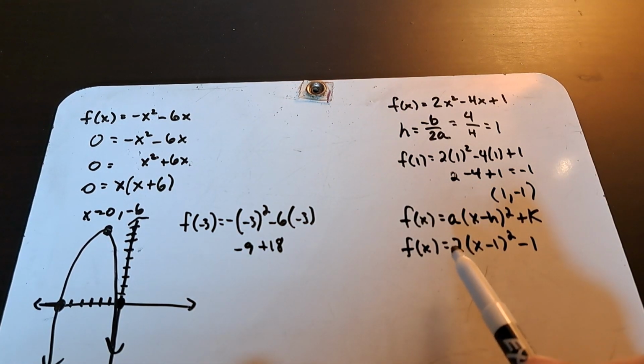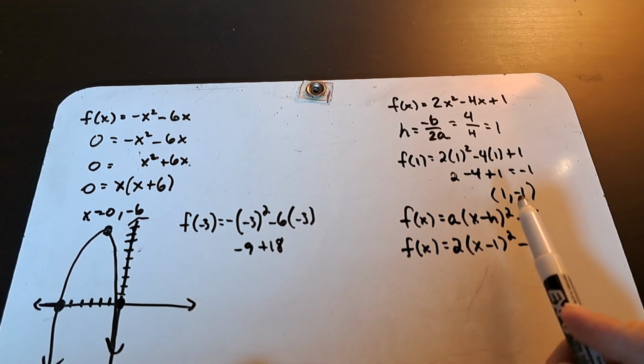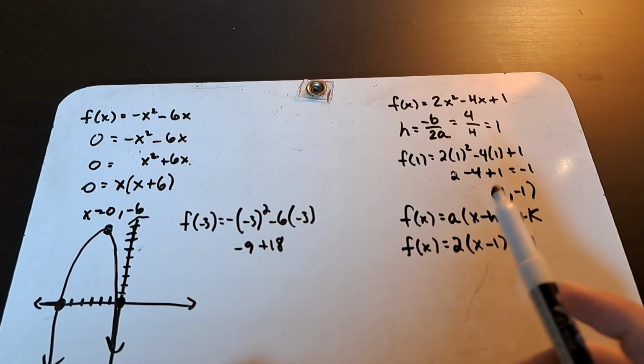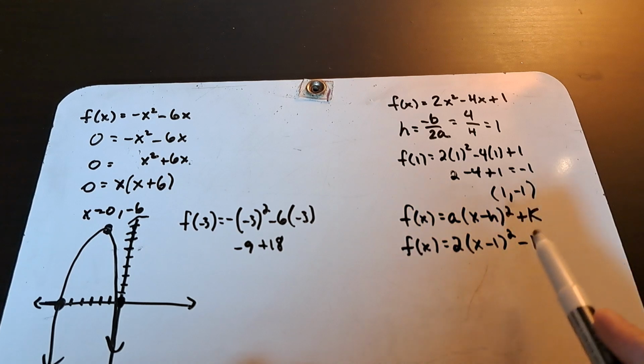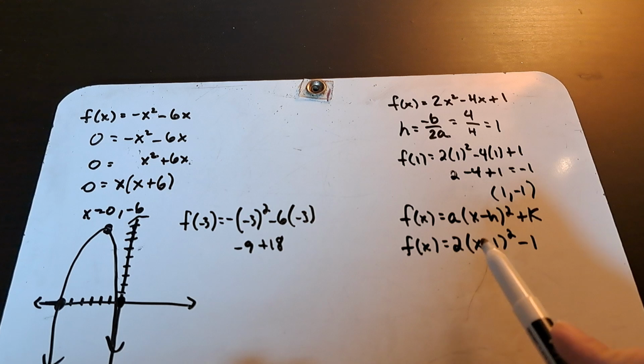The thing is, if I know the vertex here, and I have one other point on this graph, then I can skip this whole process without having to worry about transforming points.